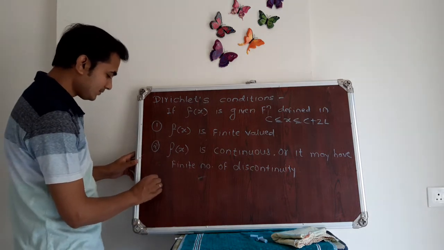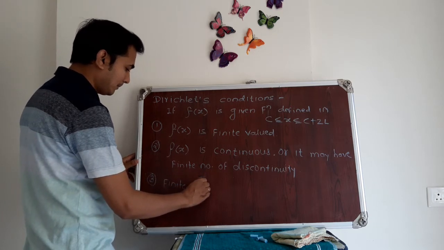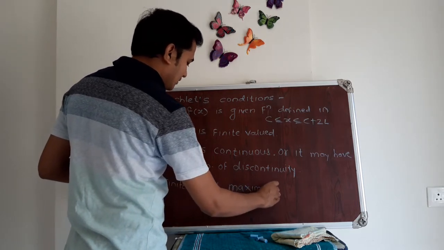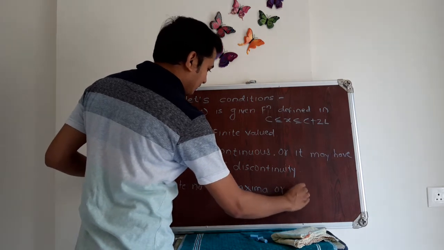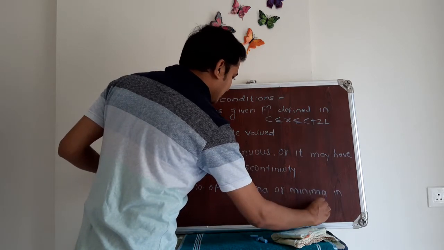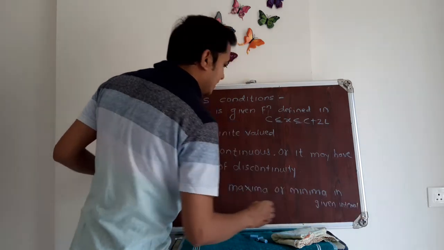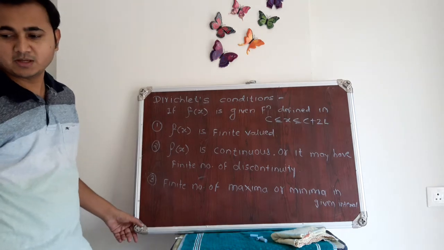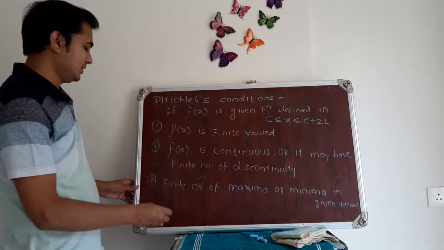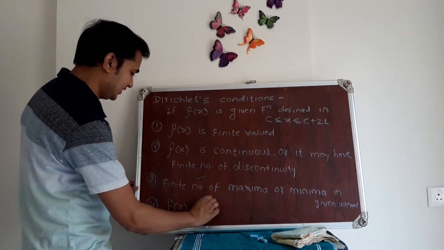Then third, a finite number of maxima or minima in the given interval. And fourth point, f of x is integrable.